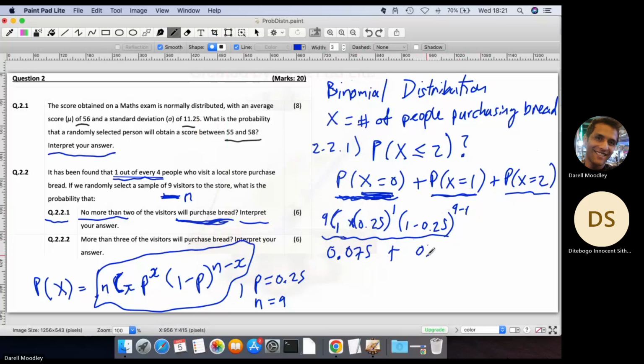And then lastly, you have to work out the probability of x equals 2. So now remember, instead of x equals 1, you're going to put x equals 2 in this equation. And then you will get a value of 0.3003.